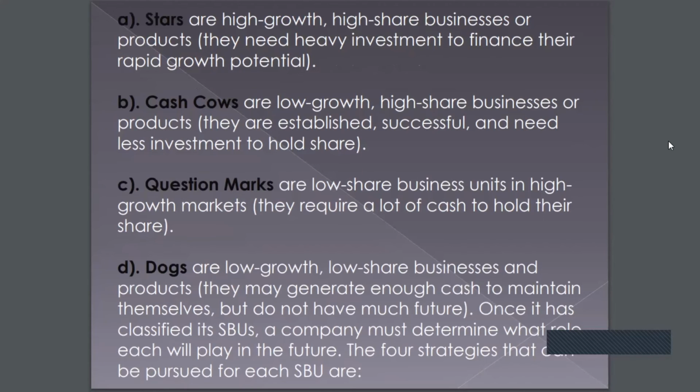Stars are high growth, high share businesses or products. Cash cows are low growth, high share businesses or products. Question marks are low share business units in high growth markets. Dogs are low growth, low share businesses and products.